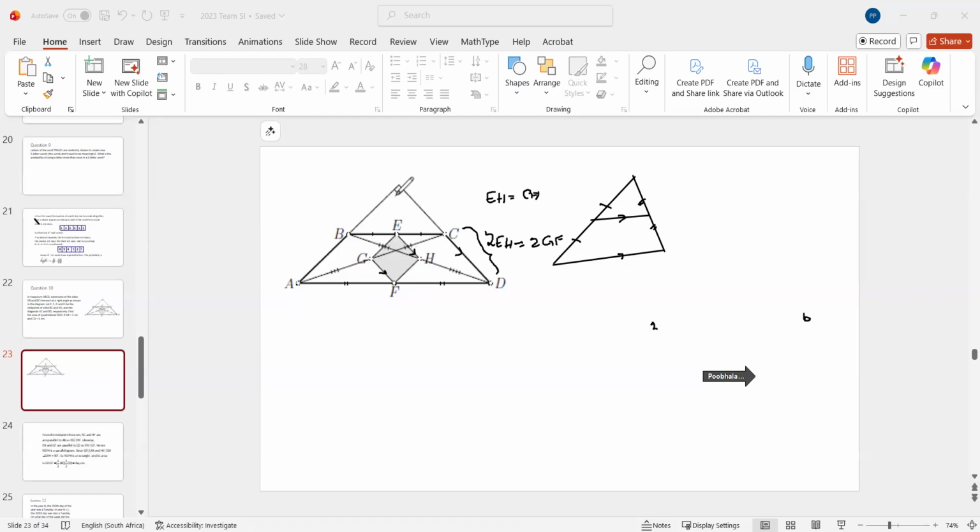Now there's one other thing here. You see, this angle is 90 degrees, right? GE is parallel to that one, EH is parallel to that one, and the angle between these two lines is 90 degrees. Therefore, the angle between these two parallel lines will also be 90 degrees.